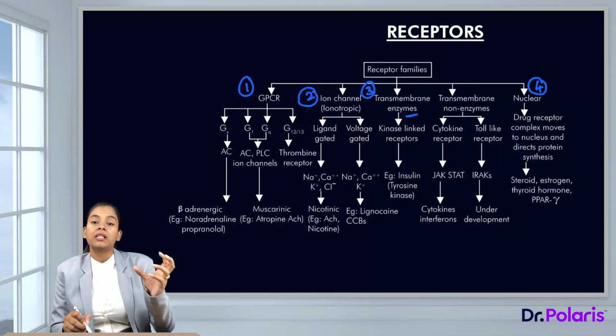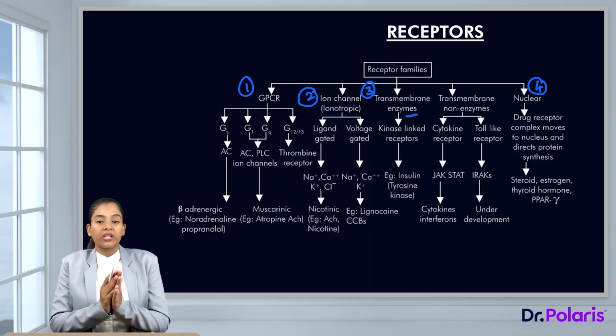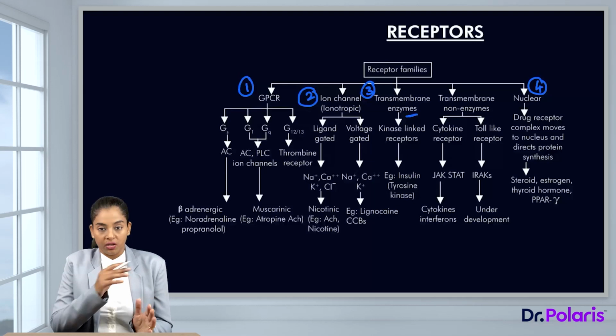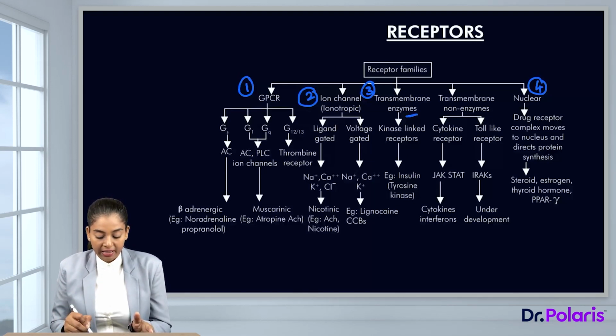Ligand gated means once a drug or a ligand comes and binds, the channel will open or close. Voltage gated means whenever there's a change in the voltage of the cell membrane, the channel will open or close. For ligand gated, it can be either sodium, calcium, potassium or chloride. Example is nicotinic receptor. For voltage gated, it can be sodium, calcium or potassium. Example is lignocaine or calcium channel blockers.